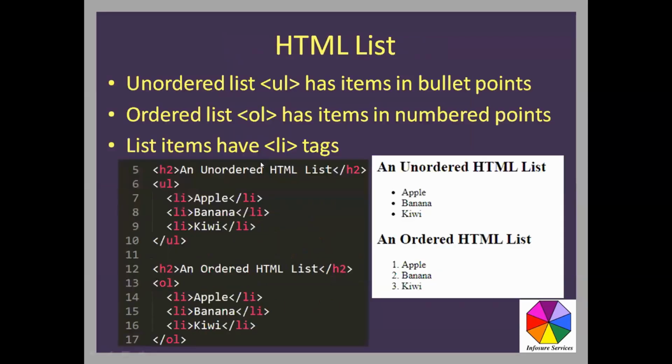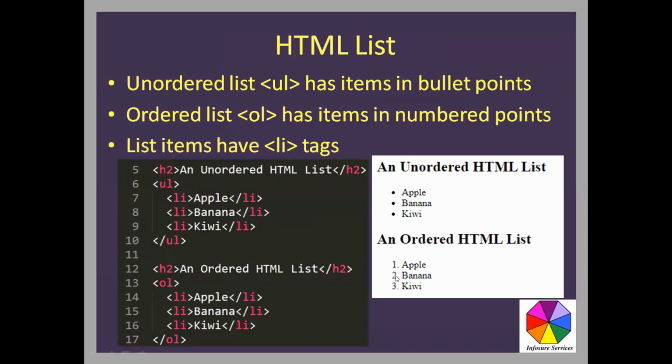Now, we will do some hands-on, but just a moment. We have HTML lists. You will have bullets on some of the text. Whenever it has bullets, it's called an unordered list.